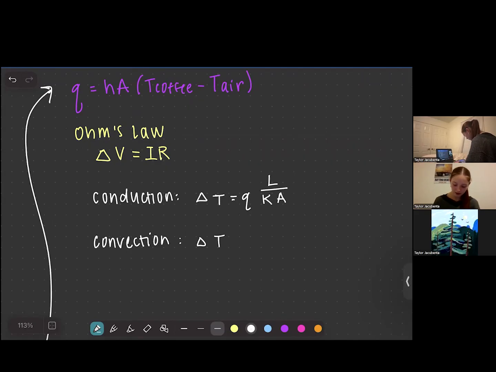And our convection is equal to the flux, and it's going to be 1 over the h times the area. So I know that you're thinking, Taylor, how do we relate this to Ohm's law? Well, these two are going to function as if they are our resistance, and the Q, our heat, is going to be like that.